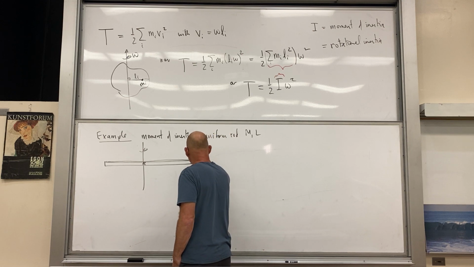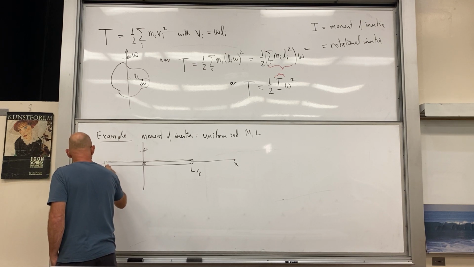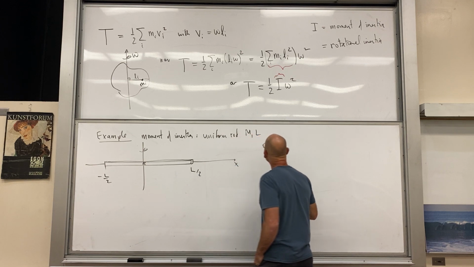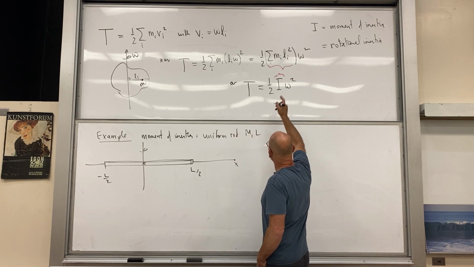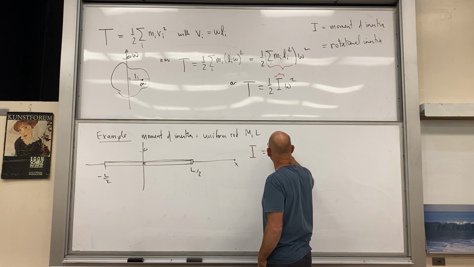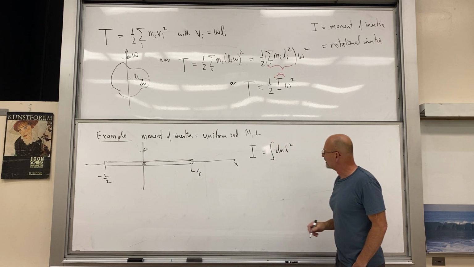So here, along an x-axis, we have L over 2 and here we have minus L over 2. We can easily convert that to an integration, so we'll say I is equal to the integral of dm L squared.